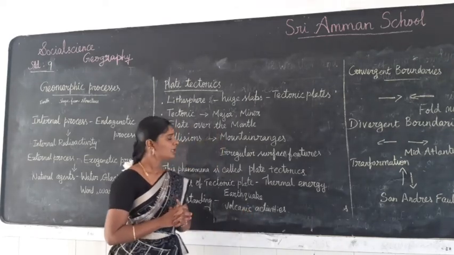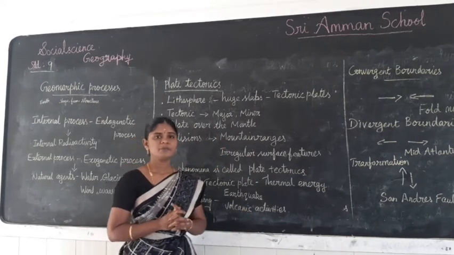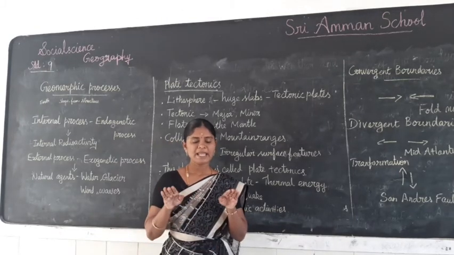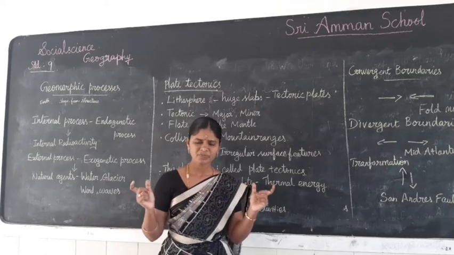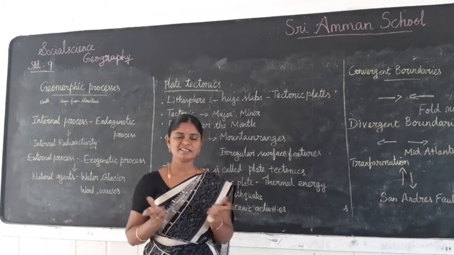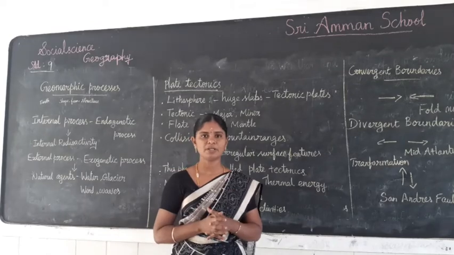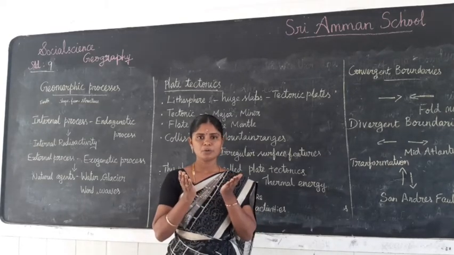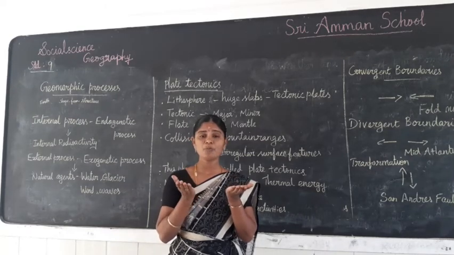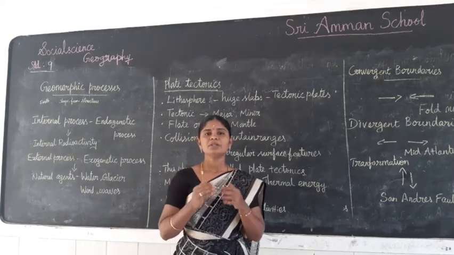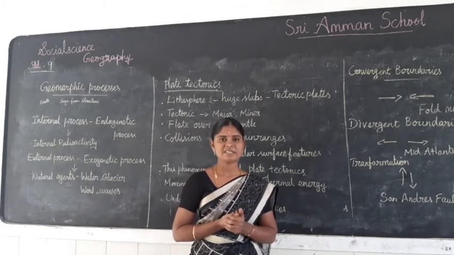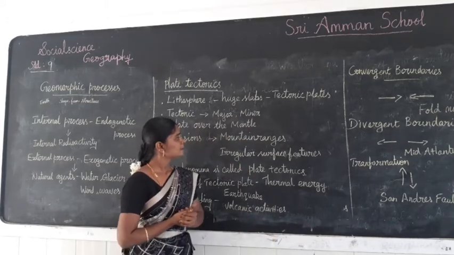Sometimes the mantle pushes up the earth's surface and the plates diverge, which is called a divergent boundary. In this case both plates move in opposite directions, creating ridges on the earth's surface, for example the Mid-Atlantic Ridge.